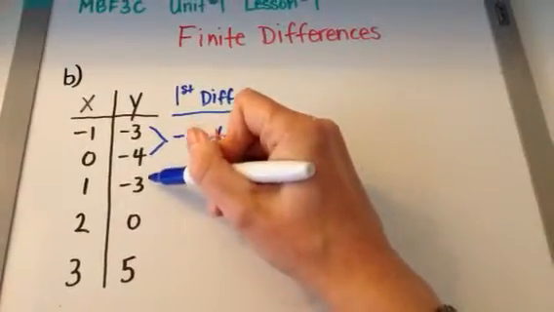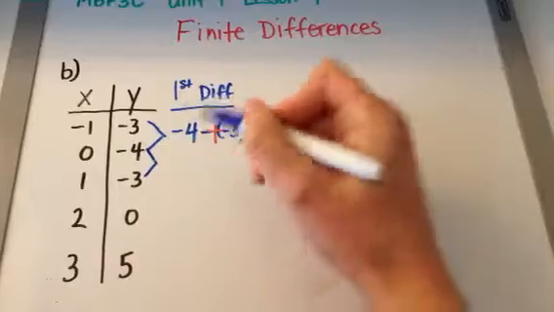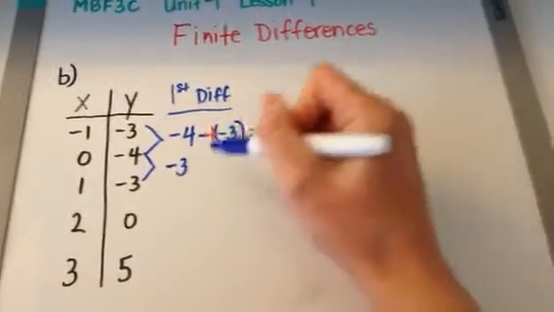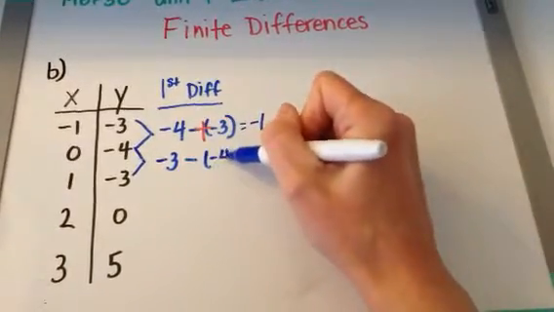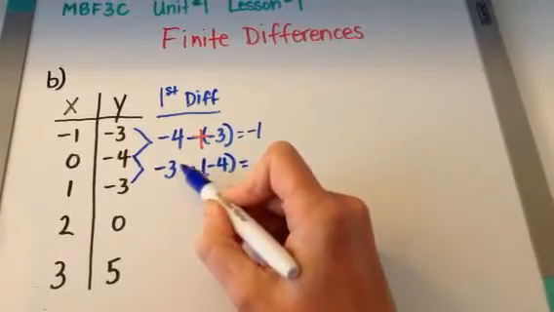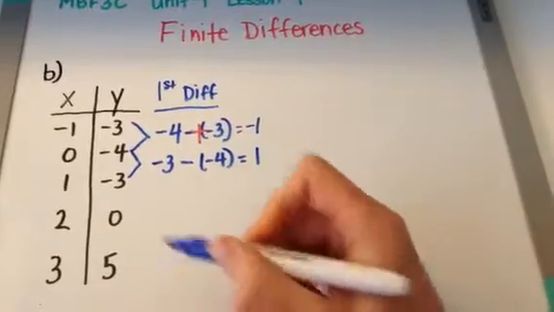Now we go on to the next two consecutive numbers. Now we have -3 and -4. So my -3 subtract -4. Again, we have two negatives, so that becomes a positive. So -3 plus 4 is 1.